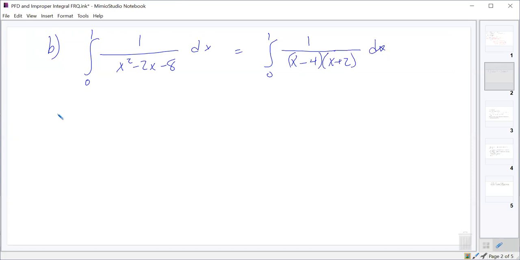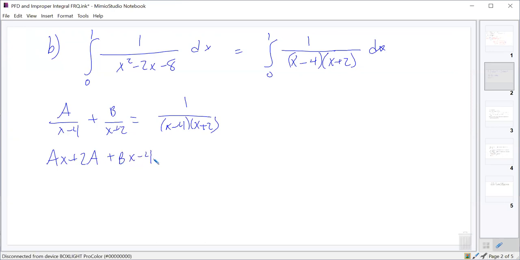So then we'll do A over x minus 4 plus B over x plus 2 equals 1 over x minus 4 times x plus 2. Everybody good there? Ax plus 2A plus Bx minus 4B equals 1.